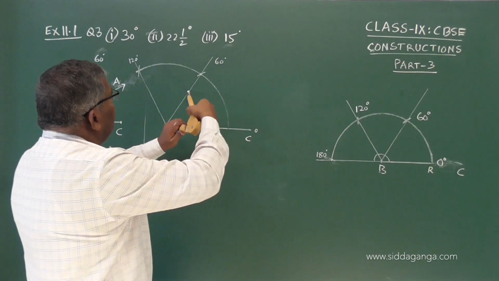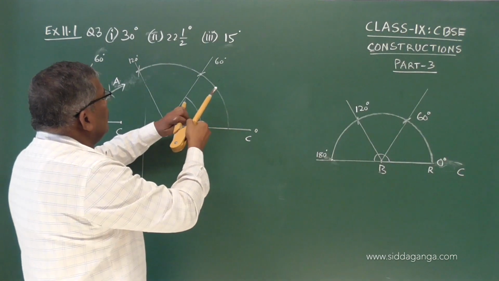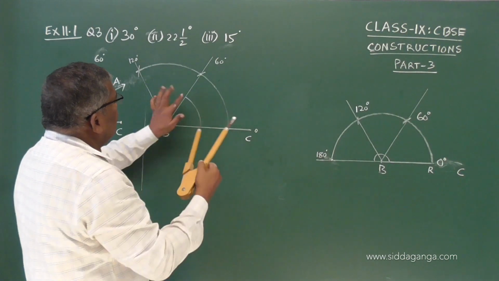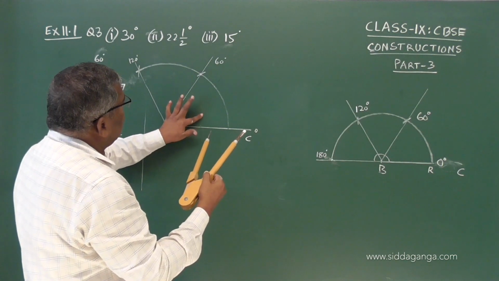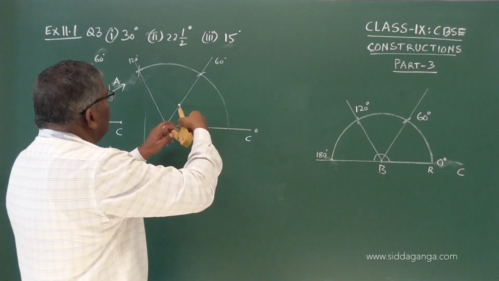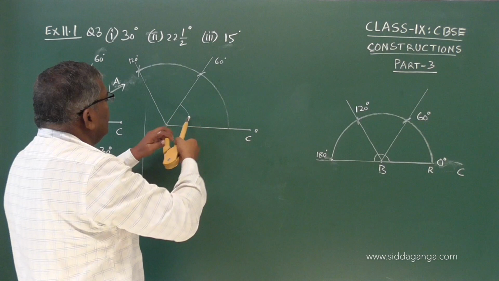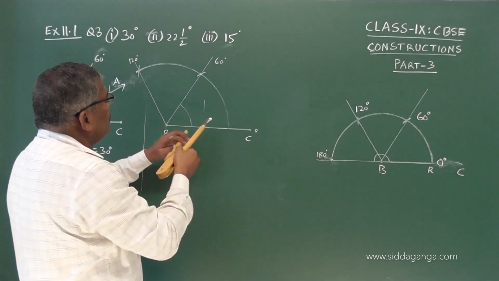You take some convenient radius. I will take a little smaller one. Now you bisect it at this point.